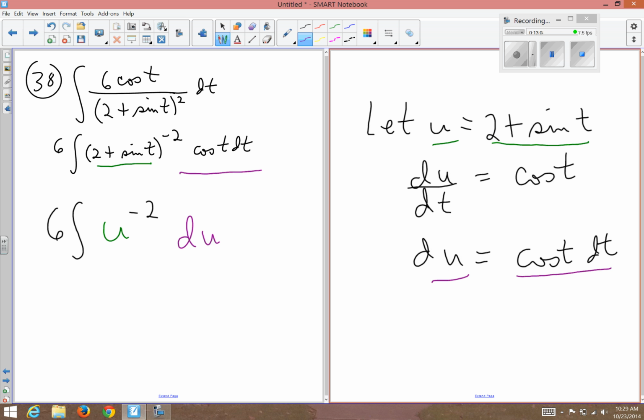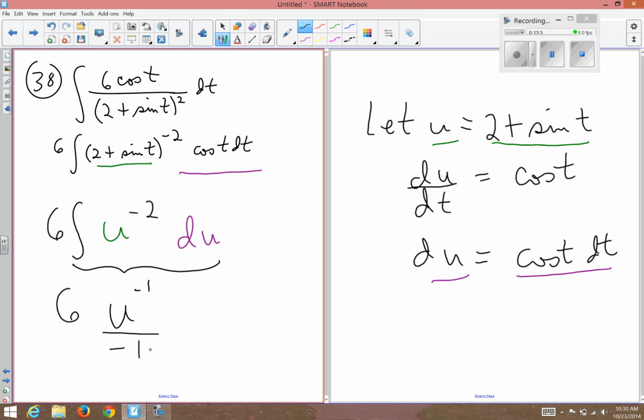If there was not a formula for this, I would start over, I would let u equal something different. But this is good. Bring down the 6. According to formula number 1 on the sheet, the integral of u to a number, du, is u to this number plus 1 over this number plus 1 plus c.